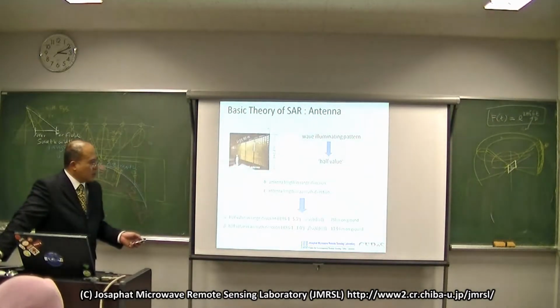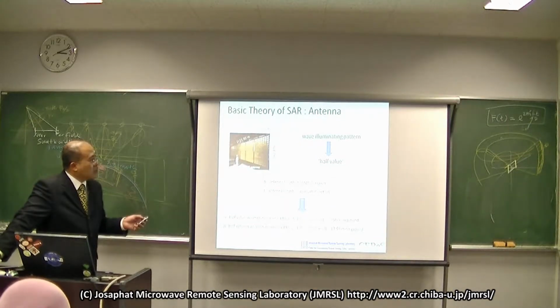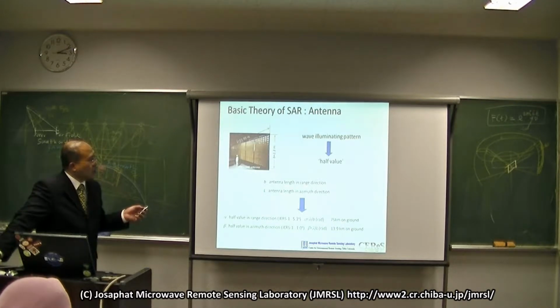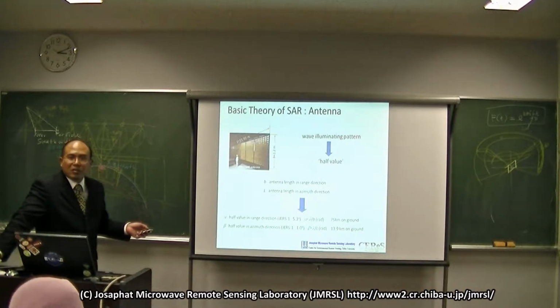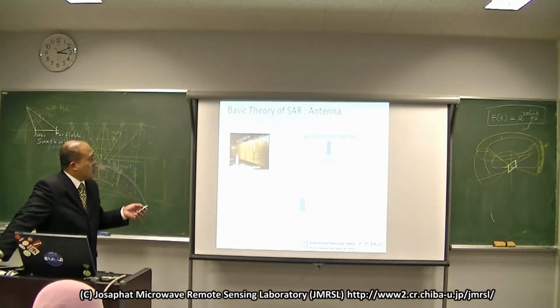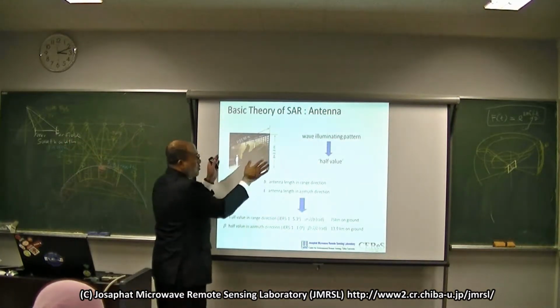From these parameters you can derive the half value of the beamwidth, by using lambda divided by this value, for example lambda divided by D. This beamwidth is around 5.3 degrees. If the antenna is long, the beamwidth is small.